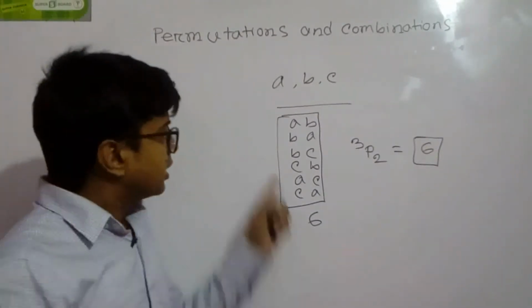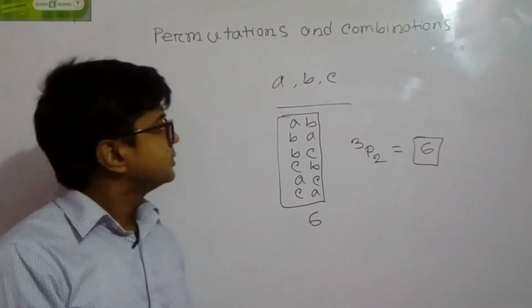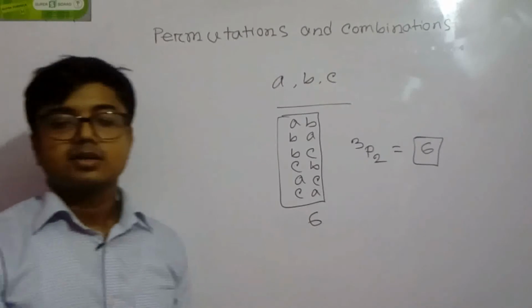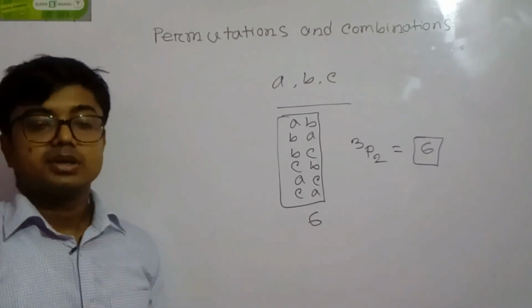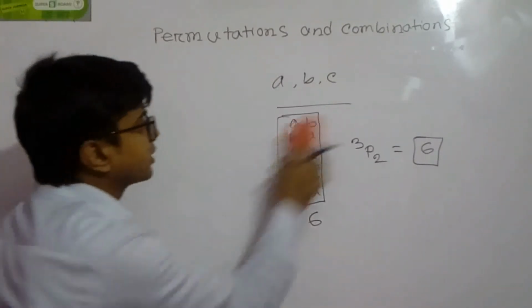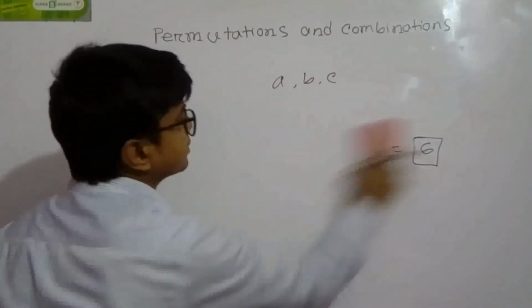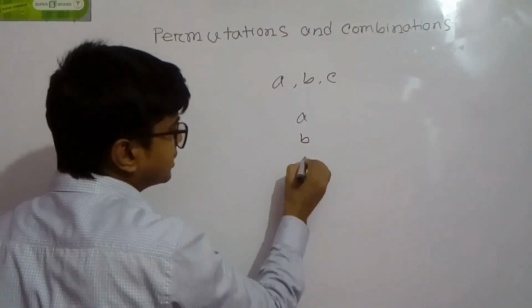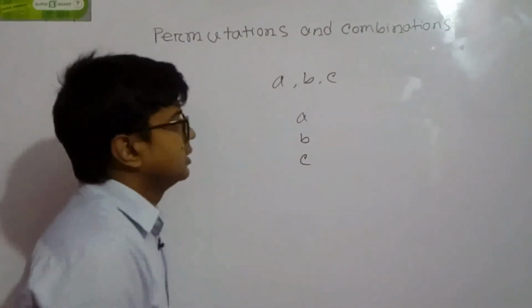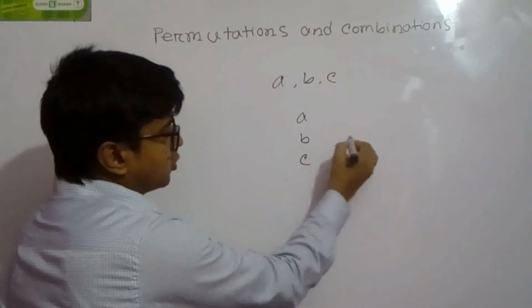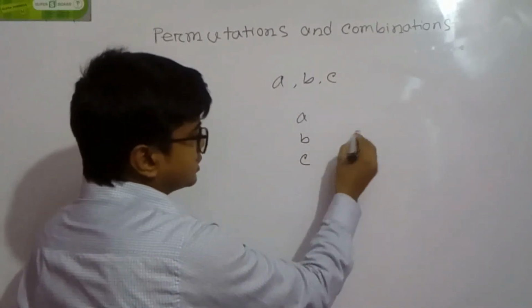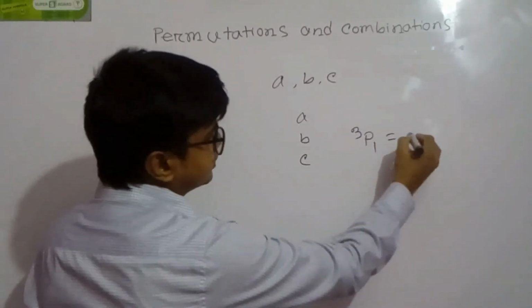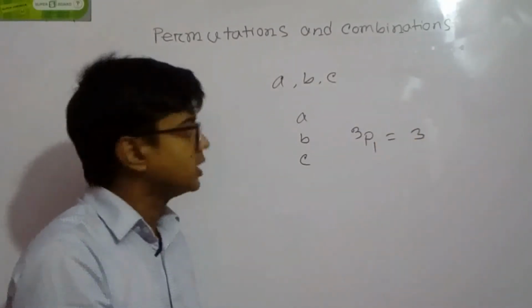And now another example: if we take 1 at a time out of the letters A, B, C, then it will be A, B, C. If we take 1 out of 3, 3P1, it will be 3.